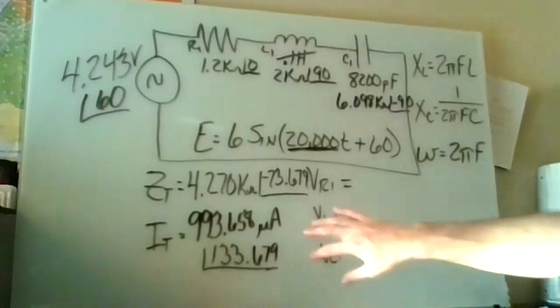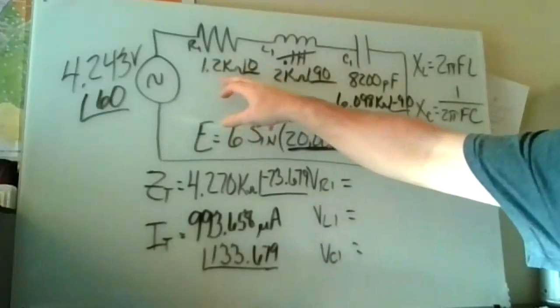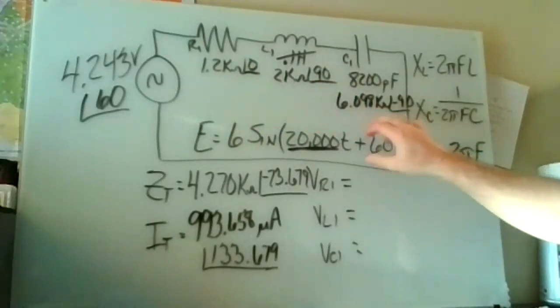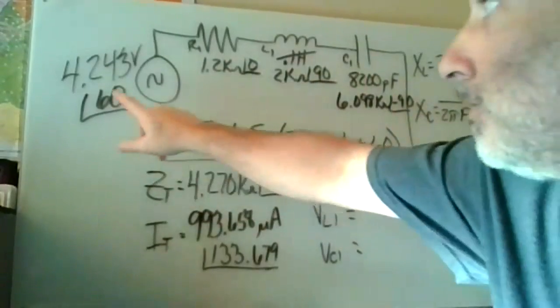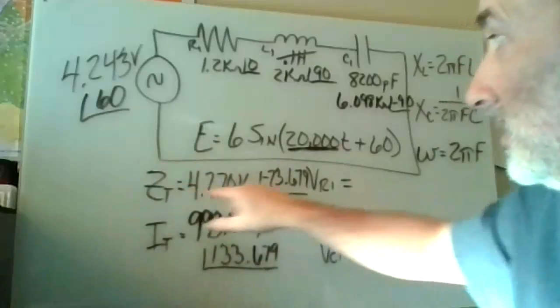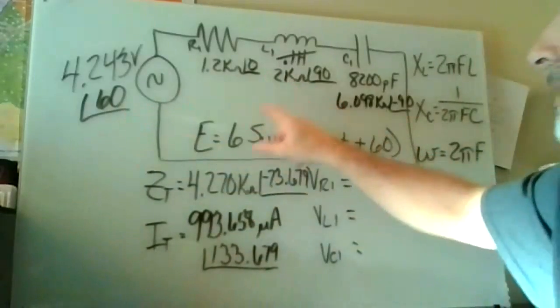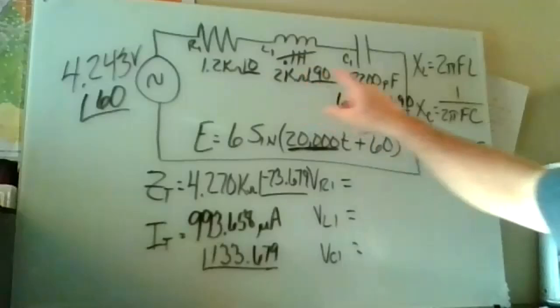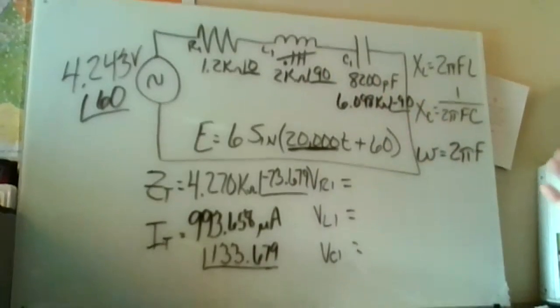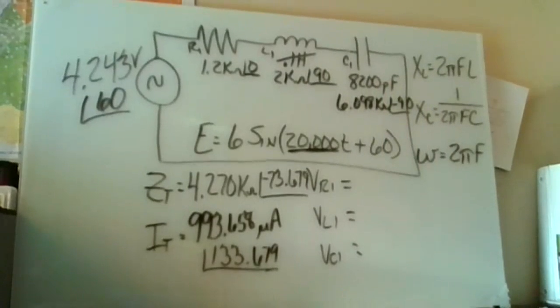You can do I times 1.2K, I times 2K at an angle of 90, or you can do the voltage divider rule: voltage times this divided by Z total. Whichever one you want to use. If you like using Ohm's law and doing I times your impedance, that's fine too.